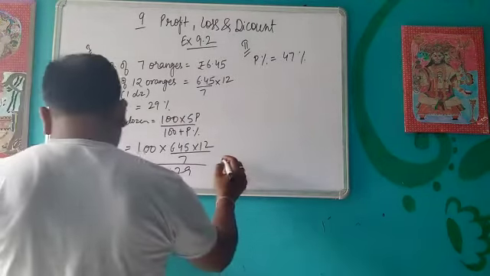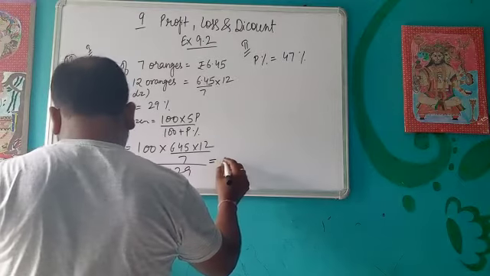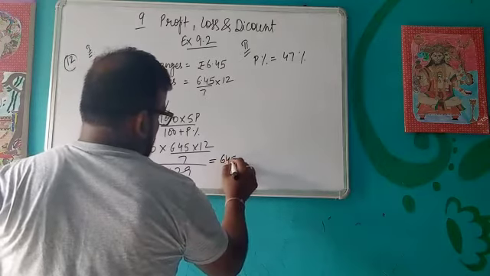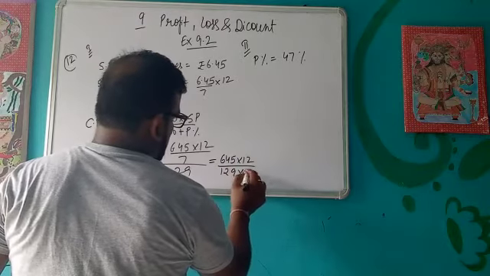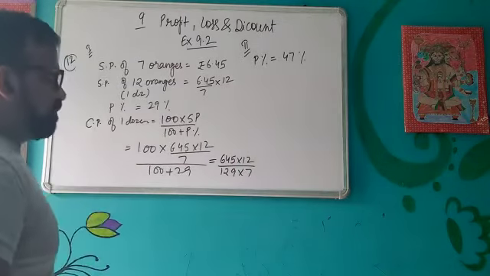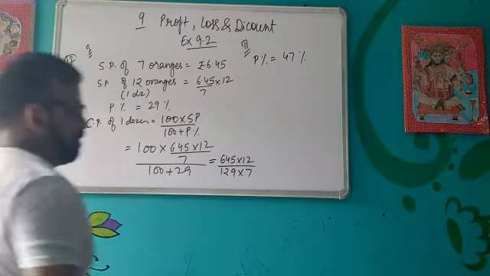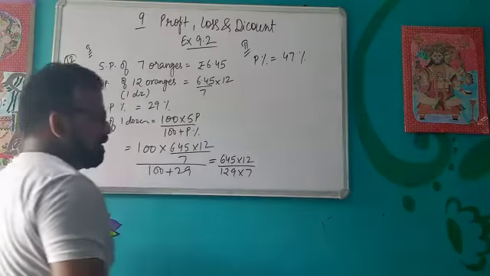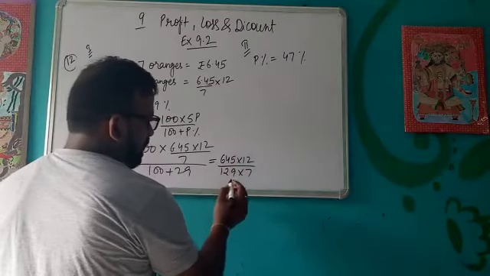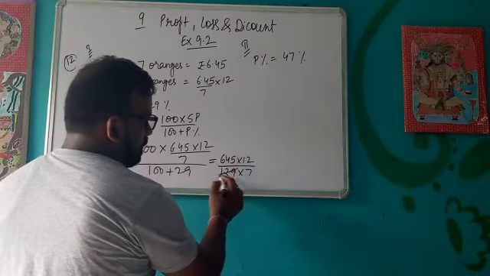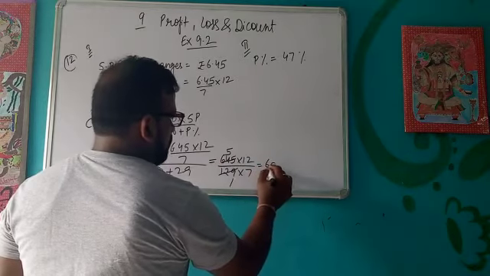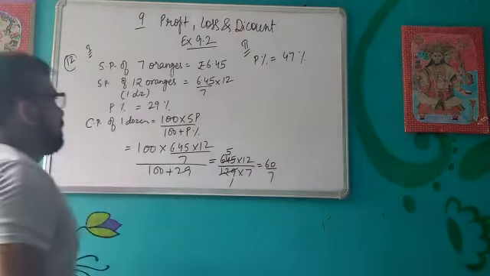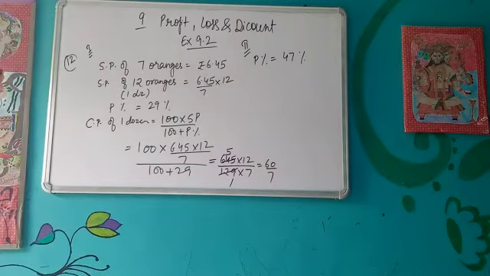So that will give me something like this, 645 into 12 upon 129 into 7. Okay, again I am not simplifying it. Or if you want to simplify it, it will give you 60 upon 7. So this is the cost price of 1 dozen.